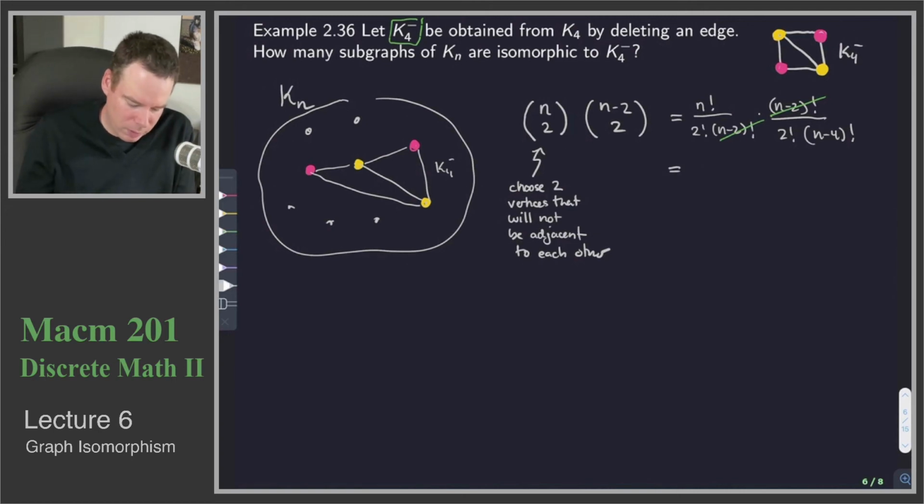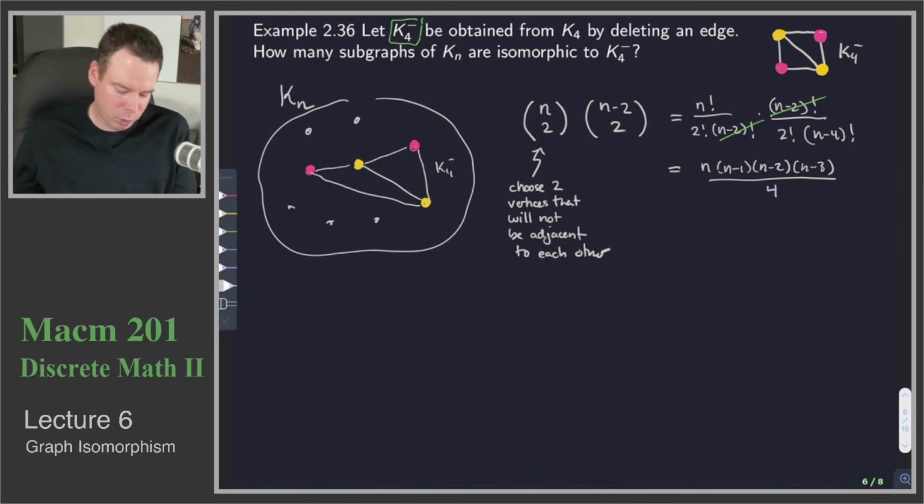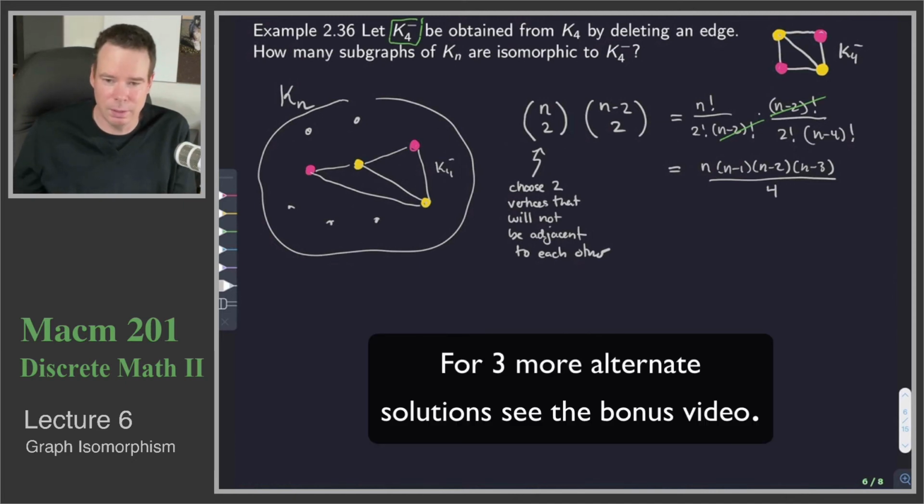And then we also have the n factorial at the top and the n minus 4 factorial on the bottom. That gives me n minus 1, n minus 2, n minus 3, and n minus 4 factorial cancels. And then we get the 2 times 2, which is 4. So that's what it boils down to. That's our count for how many K4s with an edge removed are inside Kn.